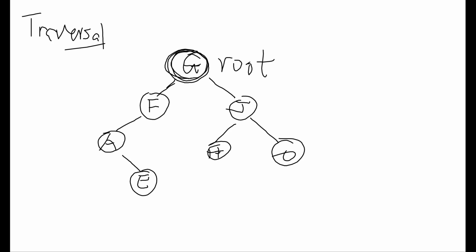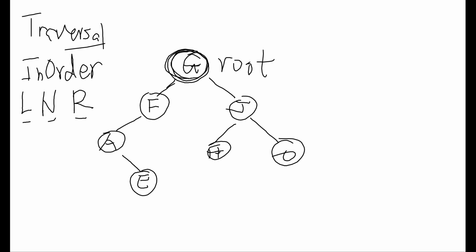So for traversing, how do we do it? There are a couple of ways we can do traversing. The first one we call in-order traversal. In in-order traversal, the general order is L, then N, then R. What does that mean?